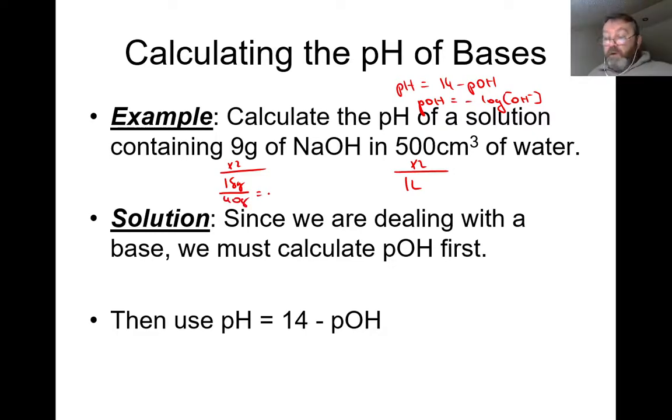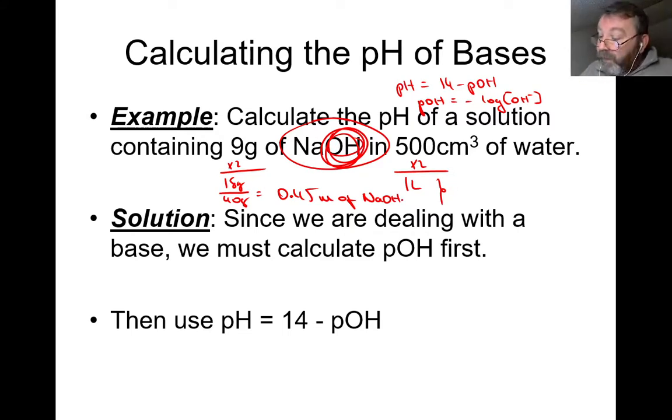So the number of moles of NaOH is 18 divided by 40, which comes out as 0.45 moles of NaOH in 1 litre. Now, think, how many OHs does sodium hydroxide make? And the answer is 1. So 1 molecule of NaOH makes 1 OH. 1:1. So therefore, that will also be 0.45 moles of OH minus.